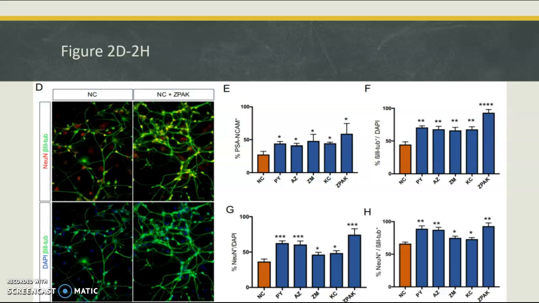So specifically looking at Figures 2E to 2H, the induced neurons derived in the NC plus any of the four compounds resulted in a significant increase in the number of NEUN and beta-3 tubulin positive cells compared to those derived in the NC medium alone. This quantitatively exhibits the increased efficiency of Z-Pak, and this confirms the scientists' hypothesis that Z-Pak increases the number of fibroblasts converted into induced neurons.